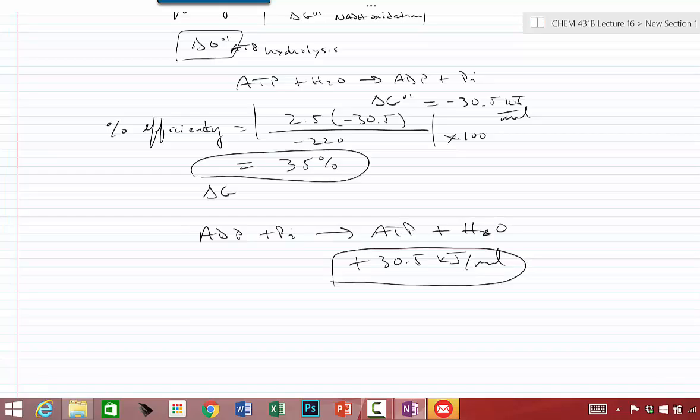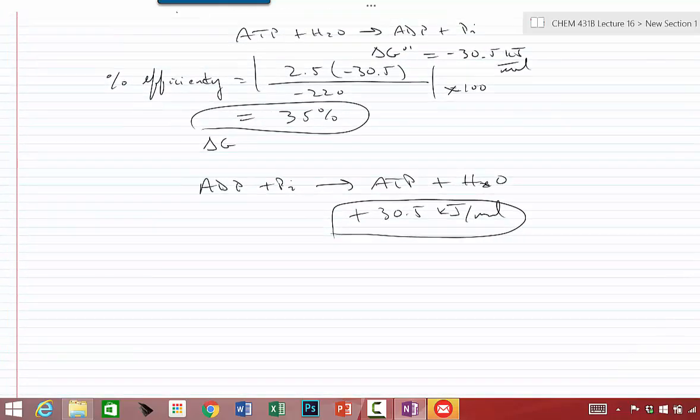So if we know the charge difference and the concentration difference of the inside and the outside of the matrix, we can actually calculate what that force is. And we call that force the proton motive force. PMF stands for the proton motive force. That is the electrochemical energy stored in the proton gradient.